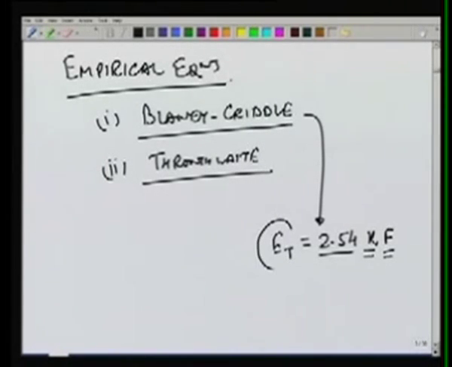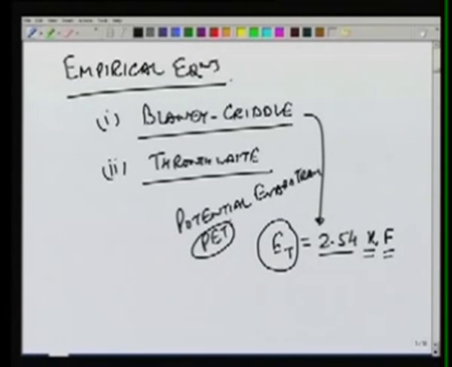Now whenever we talk about evapotranspiration, we should keep in mind that this is potential evapotranspiration, which is typically denoted by PET. The actual evapotranspiration will typically be less than this depending on what is the amount of soil moisture available.